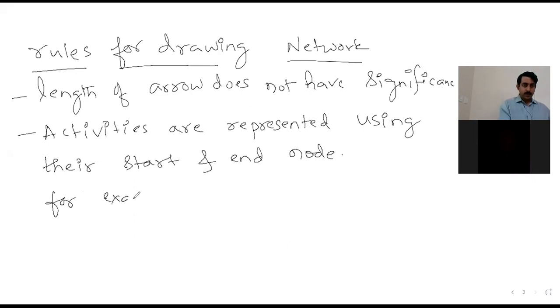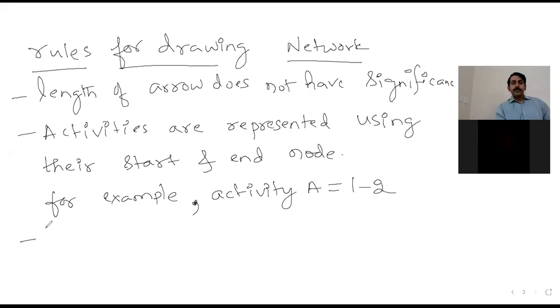For example, activity A can be represented as 1-2. Activity A can be represented as 1-2, where 1 is the starting node and 2 is the ending node. I think possibly we'll make it clear; if anyone has any doubts, you can stop and ask.